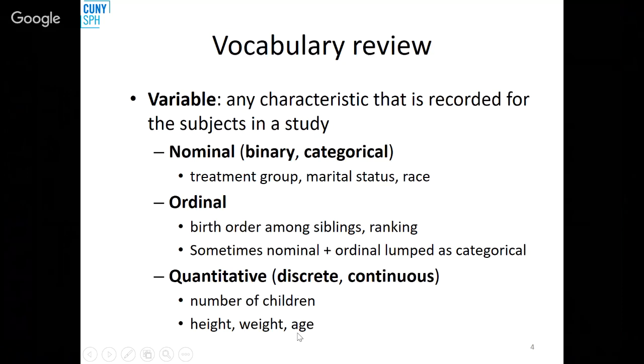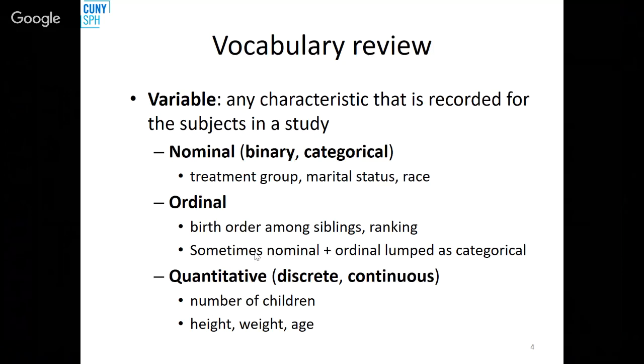Height, weight, and age are classic examples of quantitative variables where every value between the possible limits can occur. Even though you can correctly point out that the measurements that we use to collect these tend to take only discrete measurements.